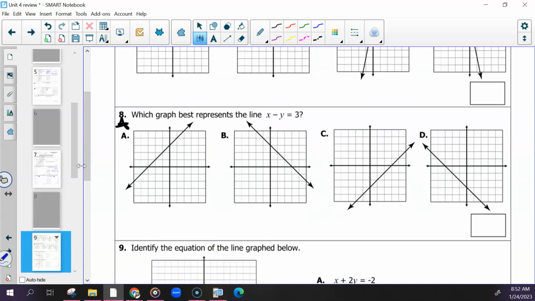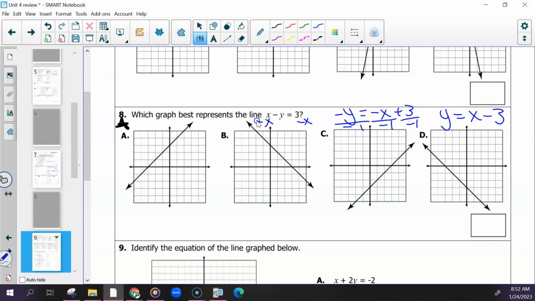For 8, we need to convert this first. Get rid of x by subtracting. Negative y equals negative x plus 3. Divide everything by negative 1. If you don't do that, you'll end up with the wrong answer. So then y equals x minus 3.